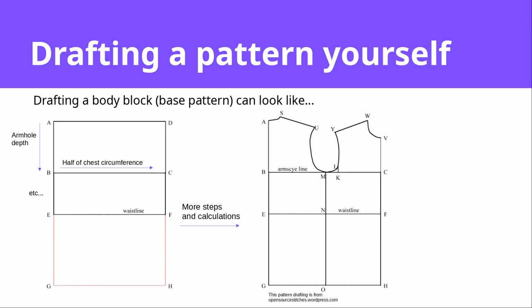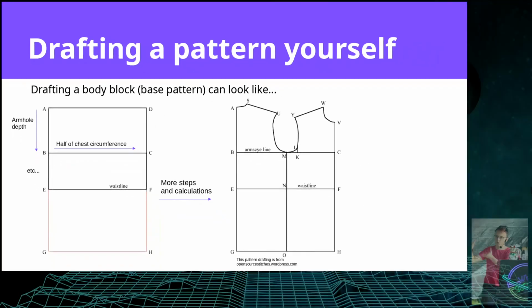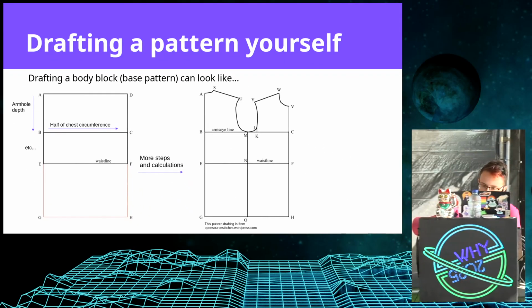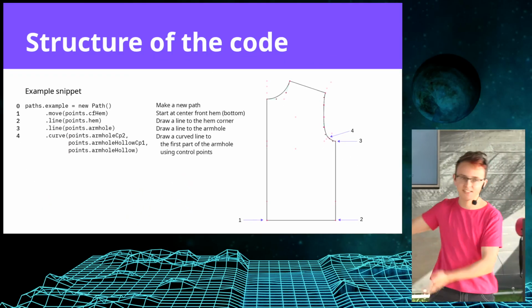As you can see, it's all based on measurements you put in, parameters. So you can imagine we can make a system for this, and put multiple sets of measurements in, and have the same pattern but for different measurements. And that is what FreeSewing is.